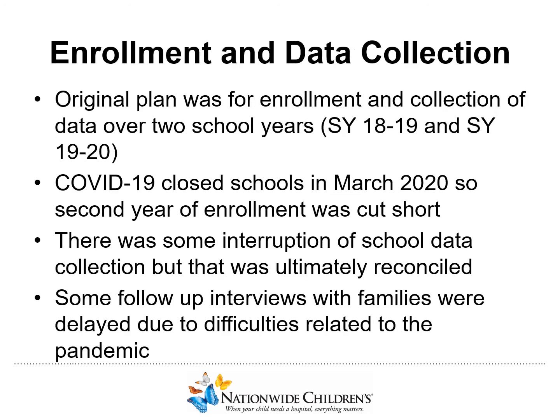So again, our original plan was enrollment of 2 school years, but we ran into some bumps at the end of the second school year. There was that interruption of school data collection, but ultimately it's been reconciled and we're getting those records in now. Some follow-up interviews with families were delayed due to difficulties with the pandemic, but we are finishing that up as well.